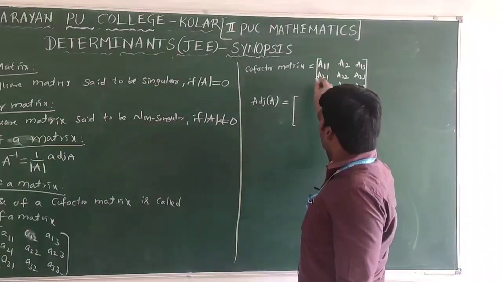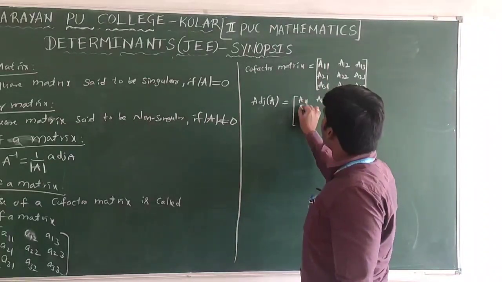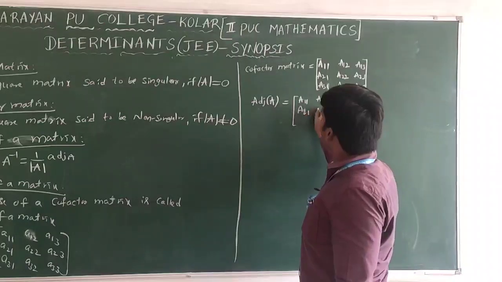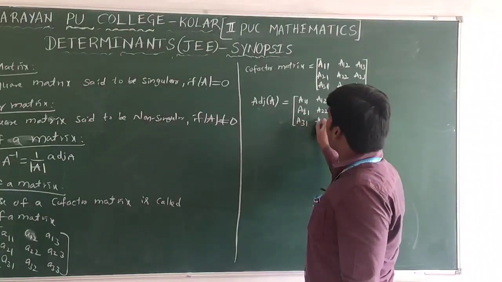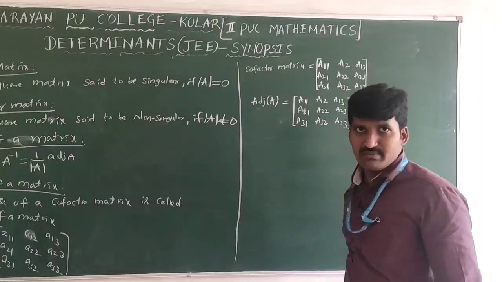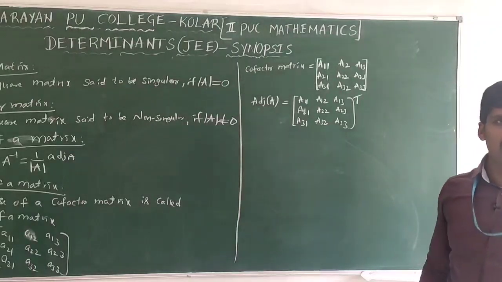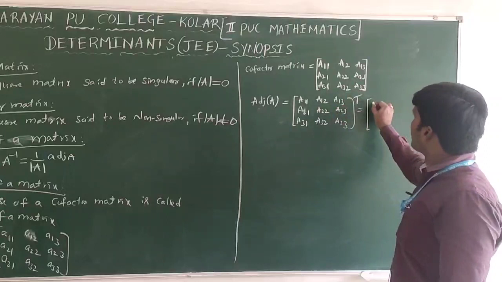How to find the transpose of this matrix? A21, A22, A23, A31, A32, A33. Apply transpose to this. Transpose means what? Interchanging rows and columns. Row changing to column.